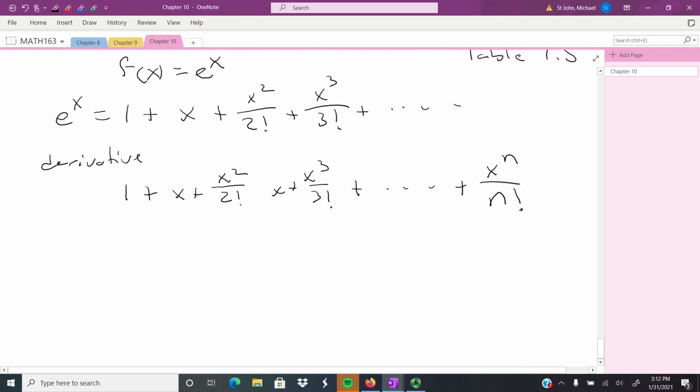And of course, this is still e^x. And this thing would converge from negative infinity to infinity. And that will conclude this video.